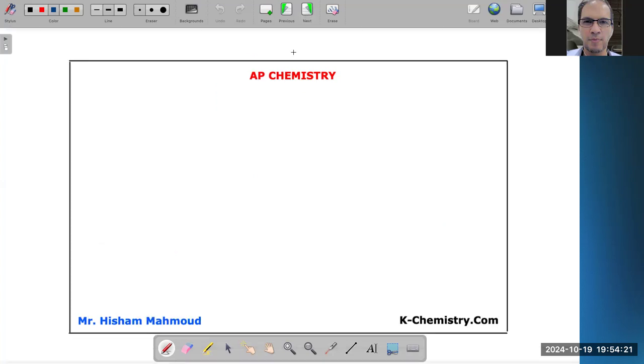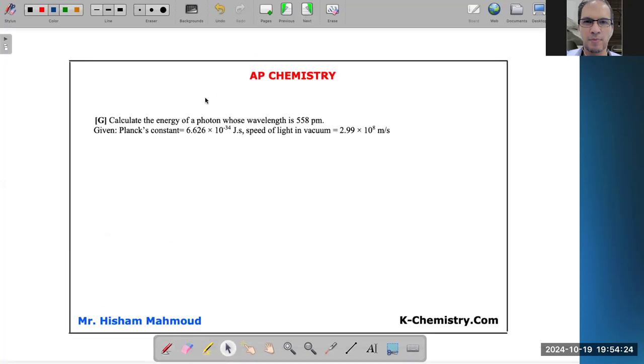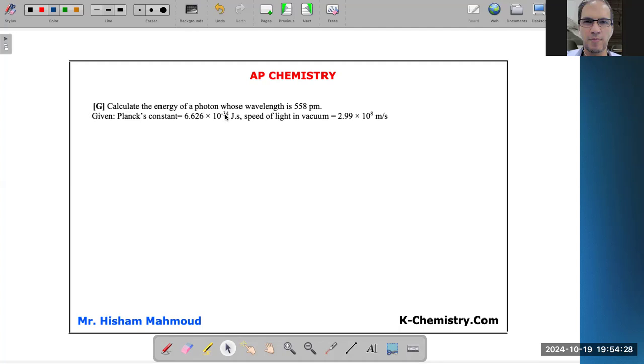Okay, let's see what we have if we want to find the energy of a photon whose wavelength is 558 and we are given the Planck constant and the speed of light. So, Yazid, tell me how to find the energy. Energy is equal to what? H multiplied by what?